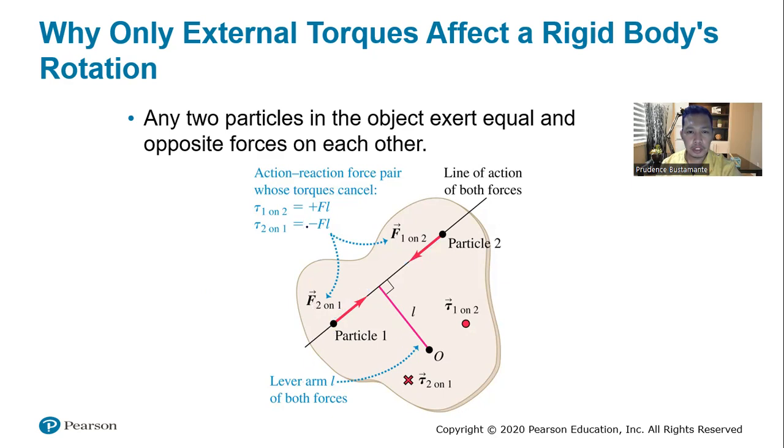If these two have equal magnitude and opposite direction, adding them gives zero. That's the reason why only external torques affect the rigid body's rotation, not the internal torques.